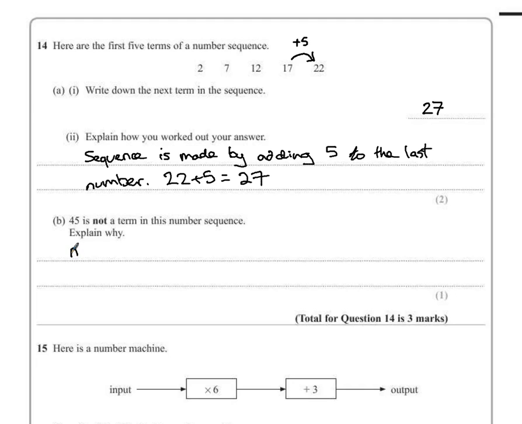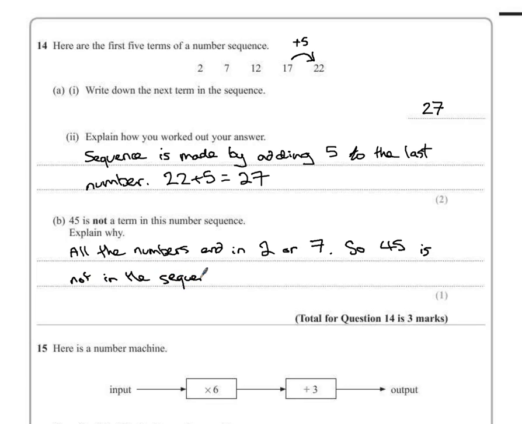So if all we state is all the numbers end in 2 or 7, so 45 is not in the sequence because it ends in 5. And that answer is clear enough to show why it would not be in that sequence.